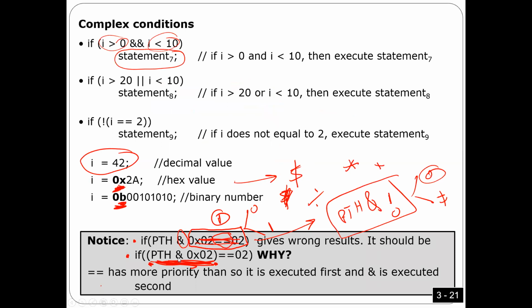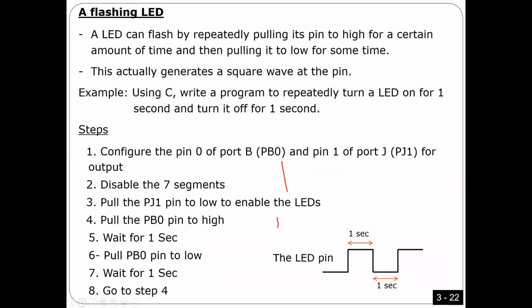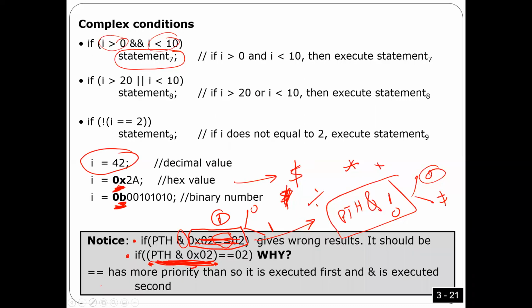What I want to do here, let me use the eraser. What I want to do here, guys, is, as I told you, I'm going to give you more details later, but for now, PTH is the switches. Let me show you what the switches are.